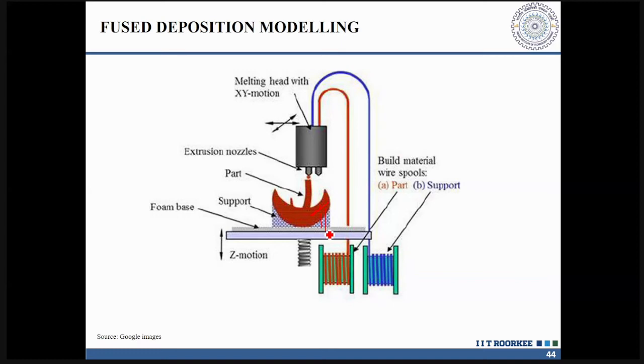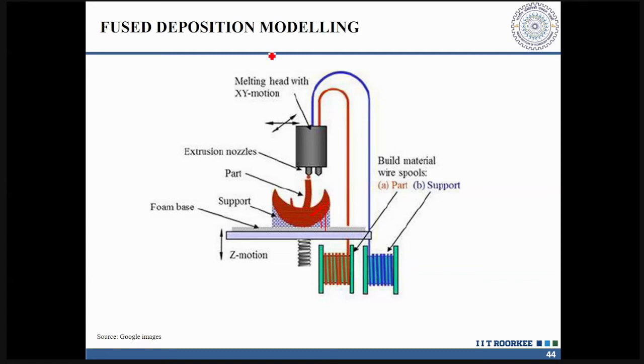But primarily, we work with plastic-based objects. When we talk about plastic-based objects, again, there is a huge domain open. I can go for ABS, I can go for PLA, I can go for nylon, I can go for any other kind of plastic. That will depend upon what the melting head temperature is going to be.